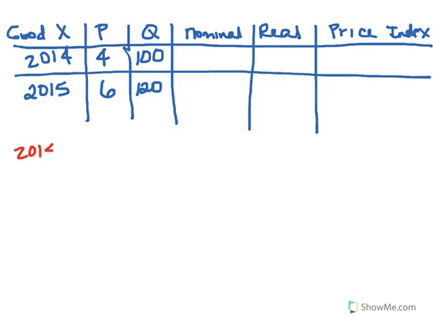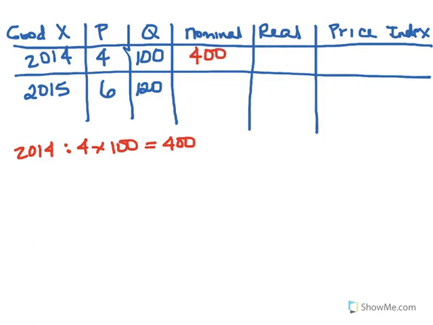So again, for 2014, we would simply do 4 times 100, price times quantity, you come up with the nominal value of 400. So that would be our nominal value of GDP.